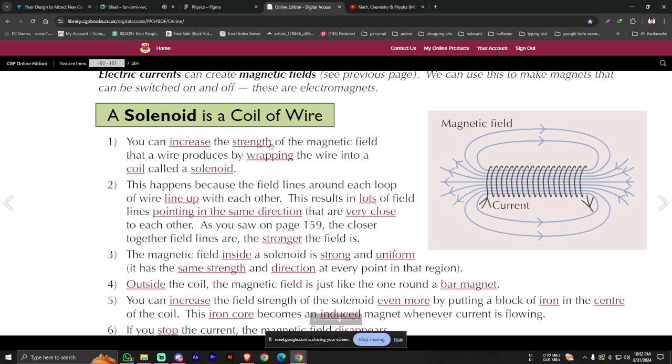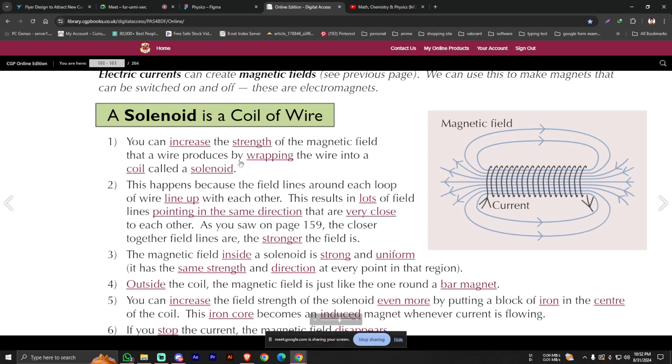You can increase the strength of the magnetic field that a wire produces by wrapping the wire into a coil called solenoid. That means wrapping wires into a coil in a circuit is called solenoid, right?